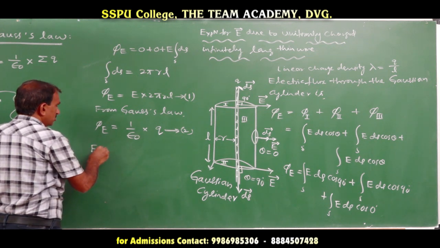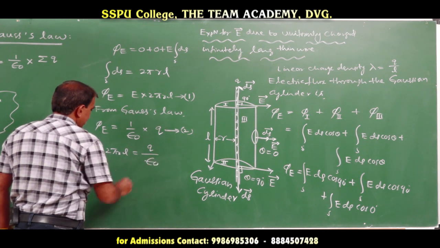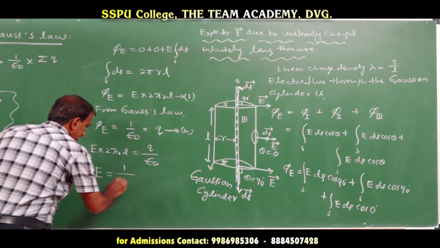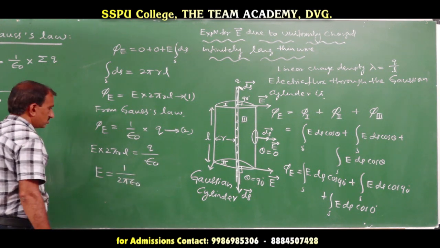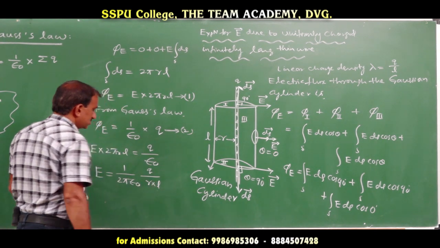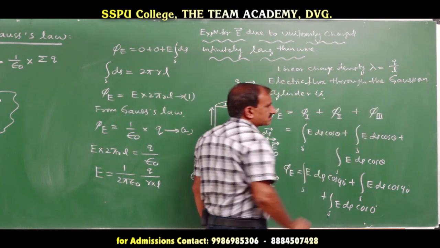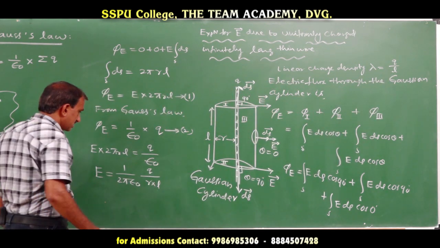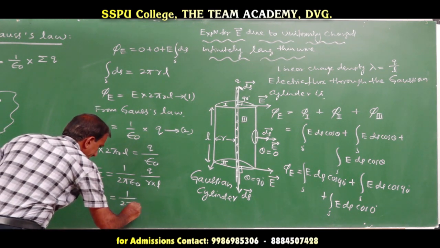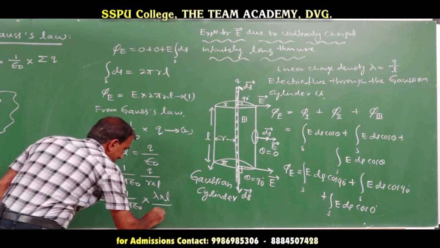E into 2 pi RL equals Q divided by epsilon naught, or E equals 1 divided by 2 pi epsilon naught times Q divided by R L. What is Q? Q equals lambda into L, where lambda is the linear charge density. So E equals 1 over 2 pi epsilon naught into lambda L divided by R L.